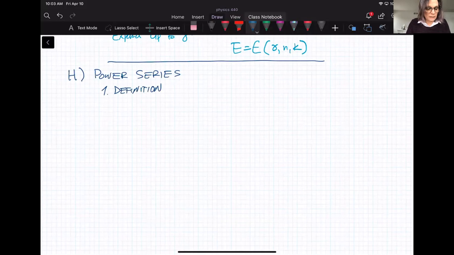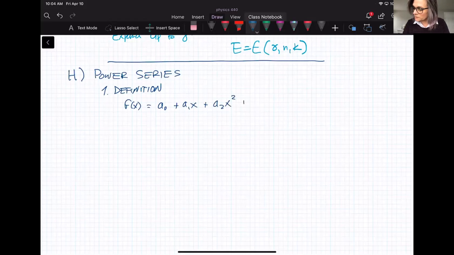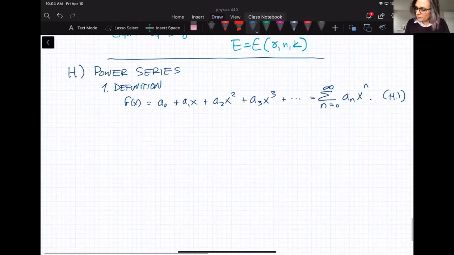So we'll start with a straightforward definition. Rather than just any old series that we've been talking about and series of functions, this is a series in which we can write successive terms as an increasingly high order polynomial, essentially down to the total sum from n equals 0 to infinity of a sub n x to the n.